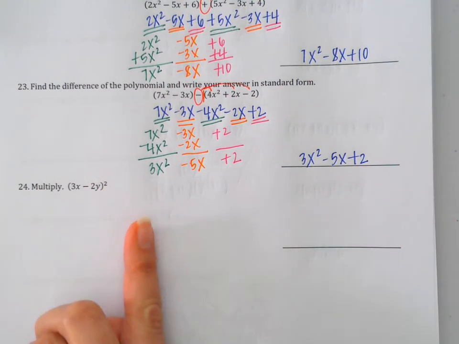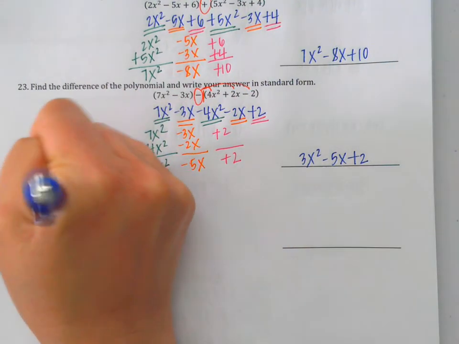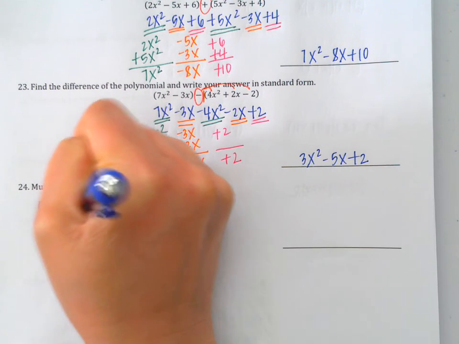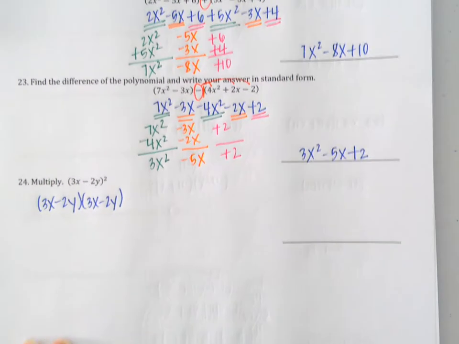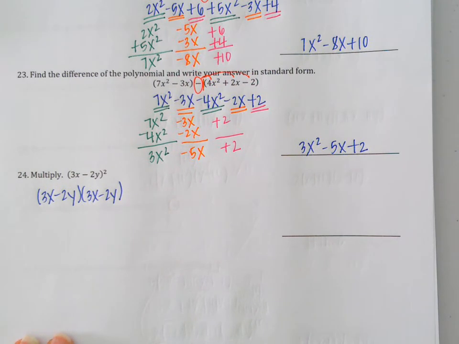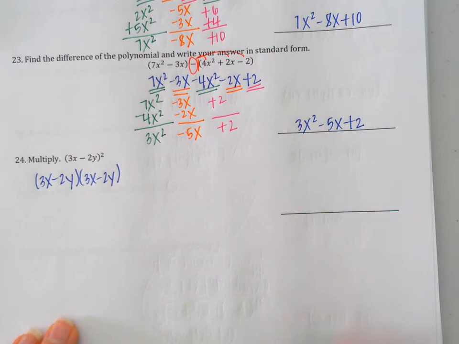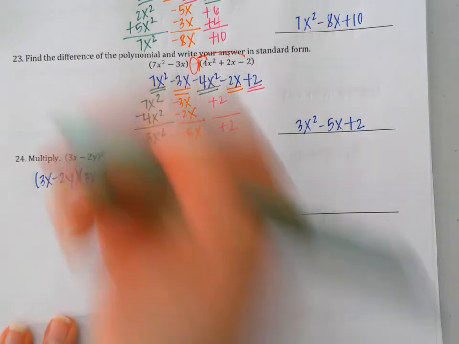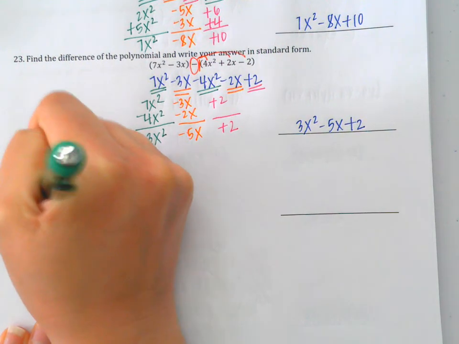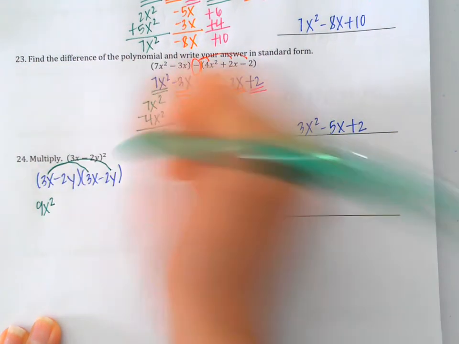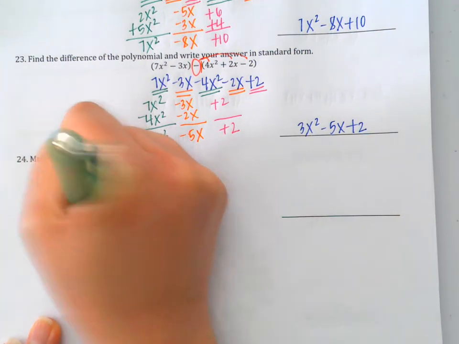Remember that squared means that we are writing it twice. So with that being said, you guys can either use the box method or you can multiply like FOIL. I'm going to FOIL. So 3x times 3x is 9x squared. 3x times negative 2y is negative 6xy.